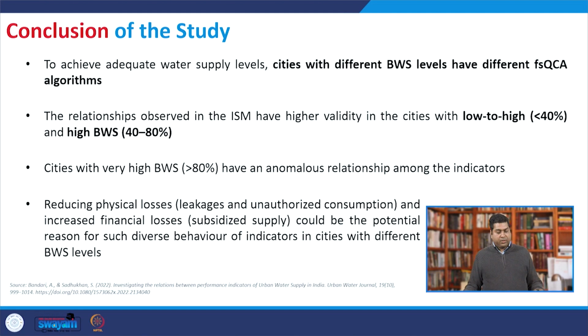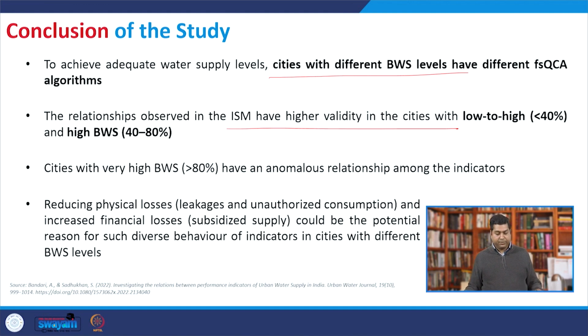Coming to the conclusion of this study, to achieve adequate water supply levels, cities with different BWS levels have different FSQCA algorithms. It is not the same everywhere; you don't need the same treatment. The relationship observed in the ISM has higher validity in the cities with low to high, 40%, and high BWS.